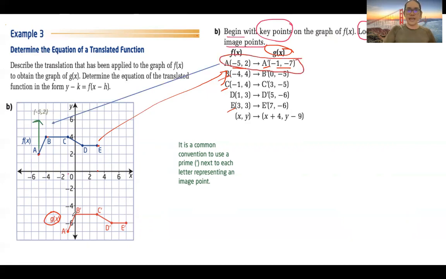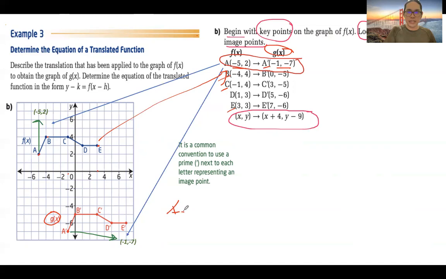So we'll just follow it, of course. After that, what have you observed? Let's look at A and A prime.